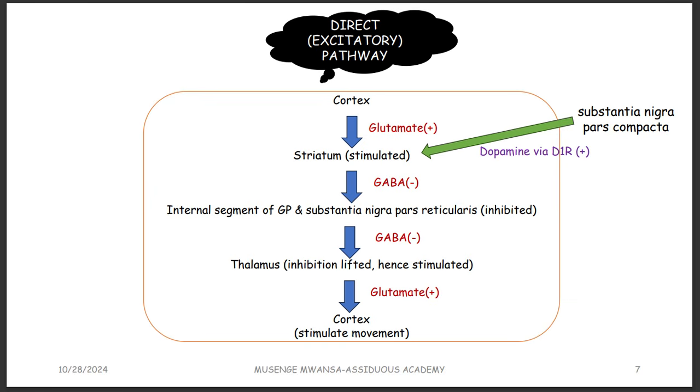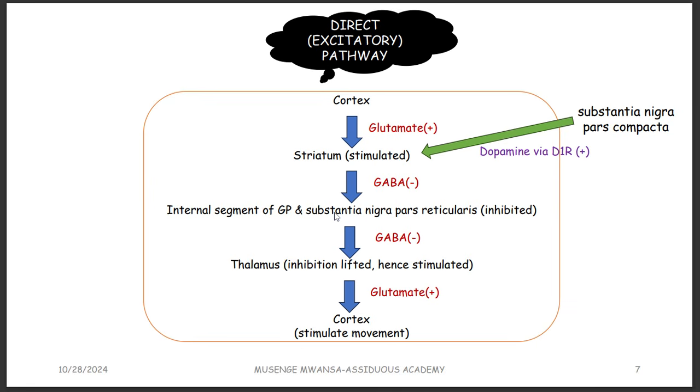These two pars, not pars compacta. So the substantia nigra has got two pars, pars reticularis and pars compacta. So from the striatum, we are going to the internal segment or the inner part or the medial part of the globus pallidus and the pars reticularis. Because it was GABA, it is inhibiting these two parts.